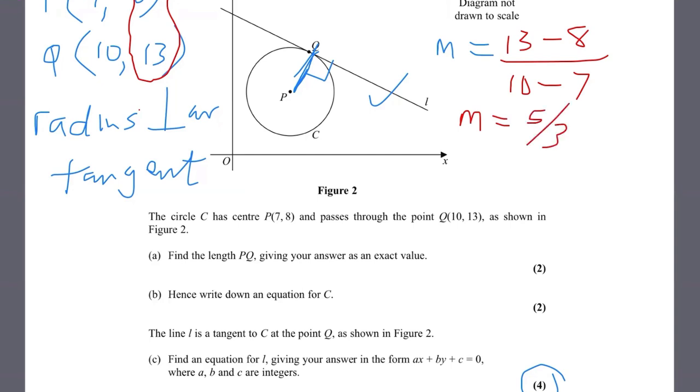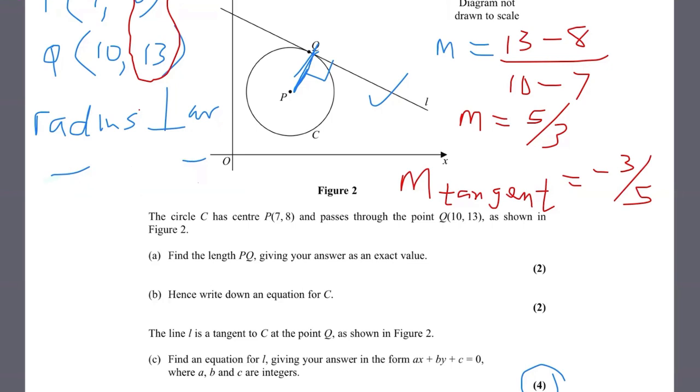Is that okay? Yeah. So the gradient of the radius is 5/3. Now, if the radius has a gradient of 5/3, what is the gradient of the tangent? -3/5. Excellent. I am really happy with you for not forgetting what you have learned in previous weeks.